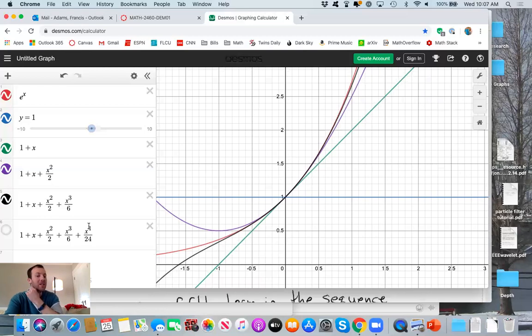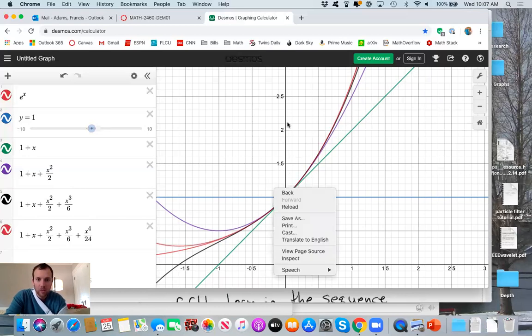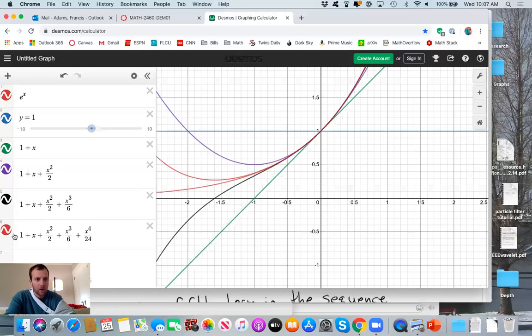So this cubic is an even better approximation to e to the x than the parabola was. And if we go one step further, we graph this fourth degree polynomial. It sticks with e to the x even longer.